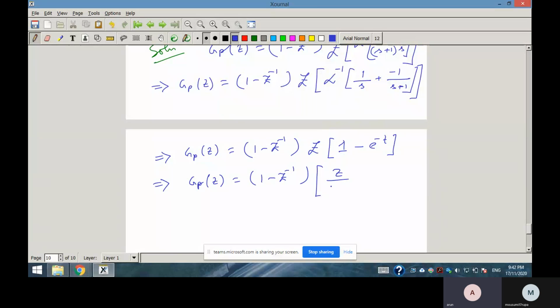It will be Z by (Z minus 1), and what is e to the power minus t? Z by, so t is what? t equal to kT. So e to the power minus t.